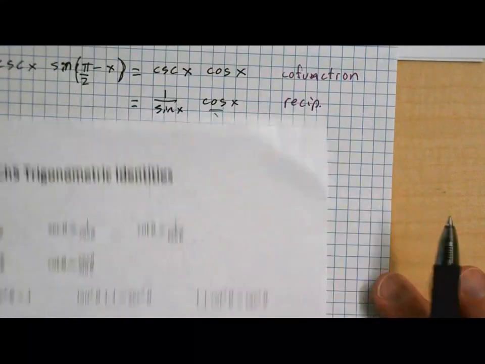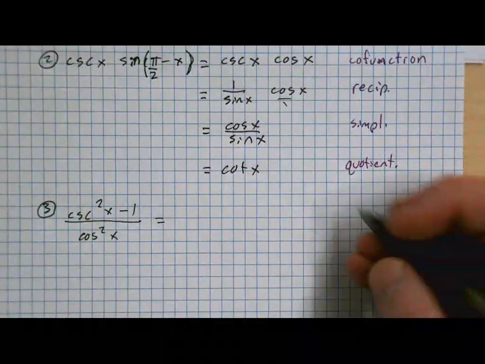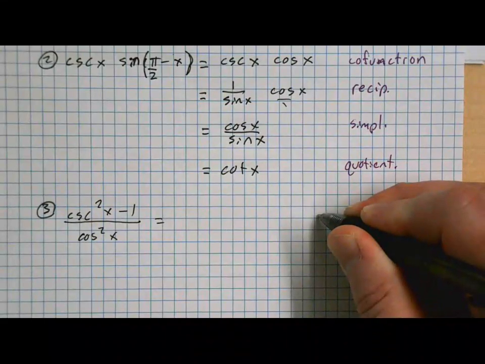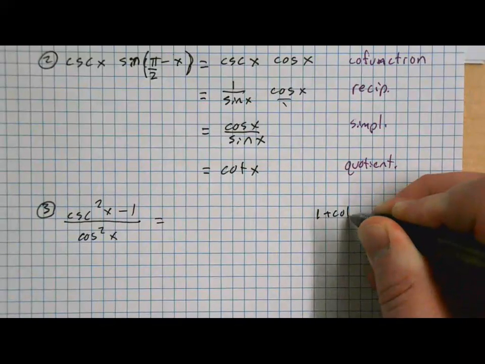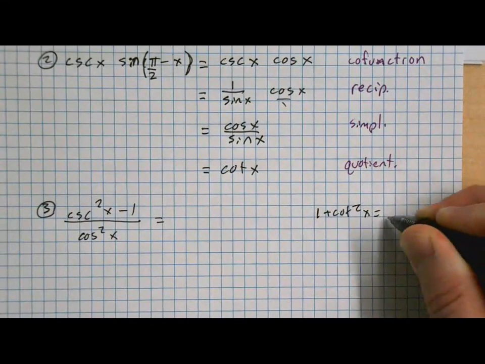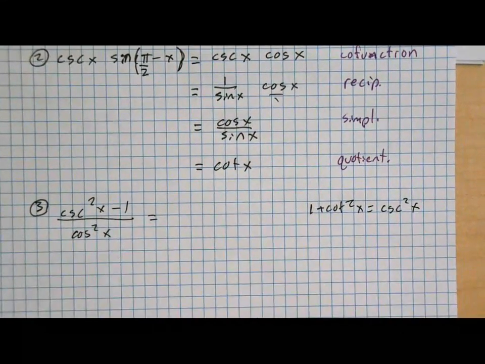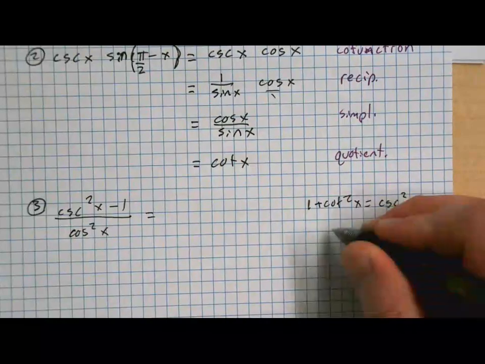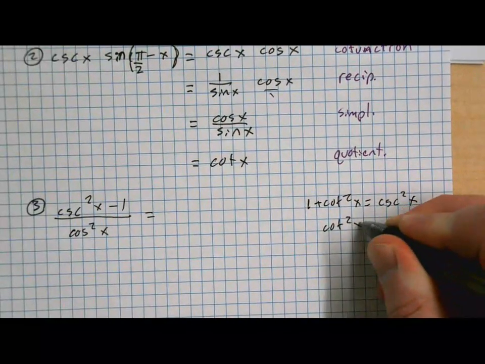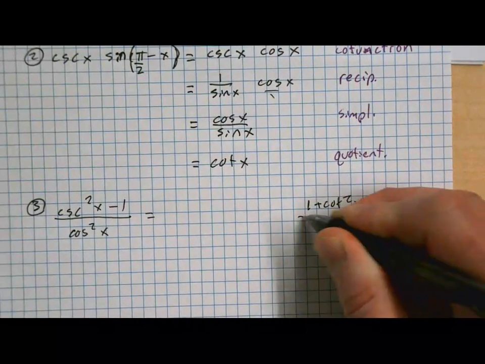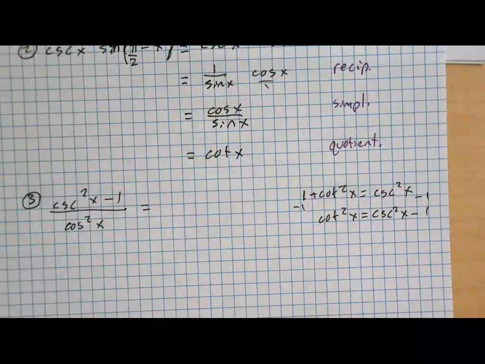So for the sake of my notes, I'm going to come over here. I'm going to write down what's on my sheet. Now, you do not have to do this every time, but since this is our notes, my sheet says that 1 plus cotangent squared x is equal to cosecant squared x. I'm changing my thetas into x's. I know that I can modify that by subtracting 1 from both sides to get this.